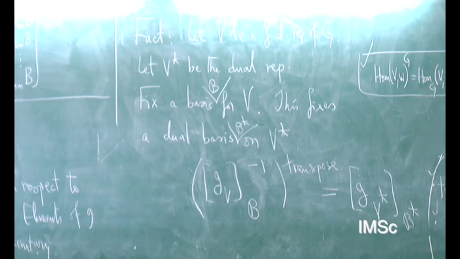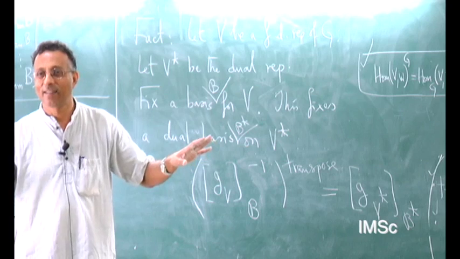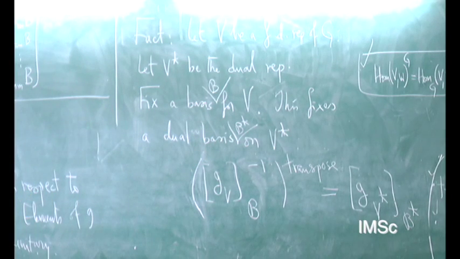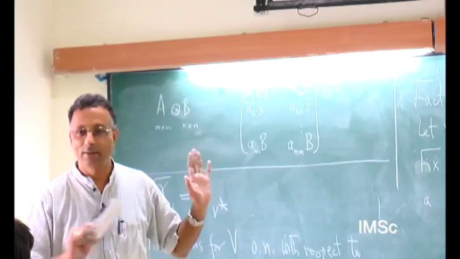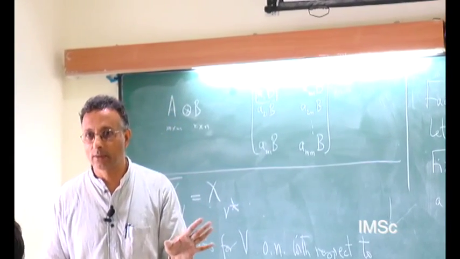Anyway, never mind. Even if all that I have said is hot gas, you can forget it. This fact makes sense, right? Clear? You can prove it just by doing a calculation.